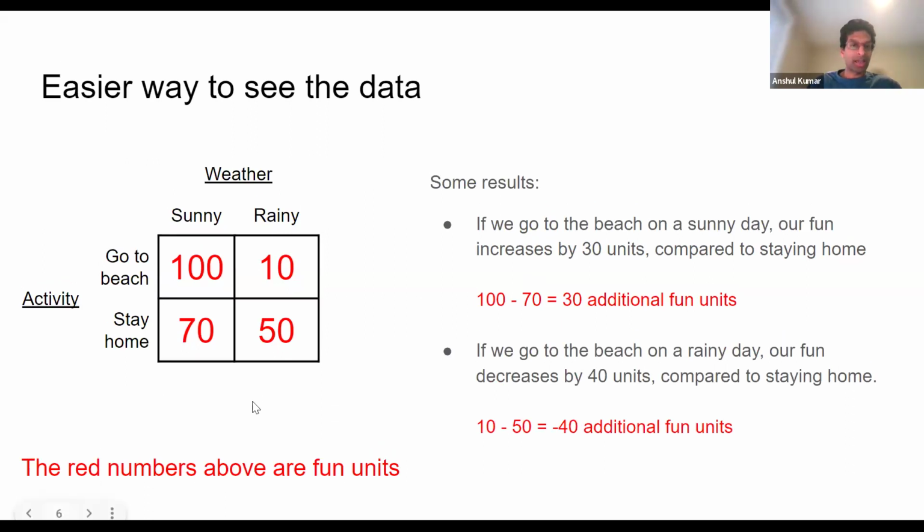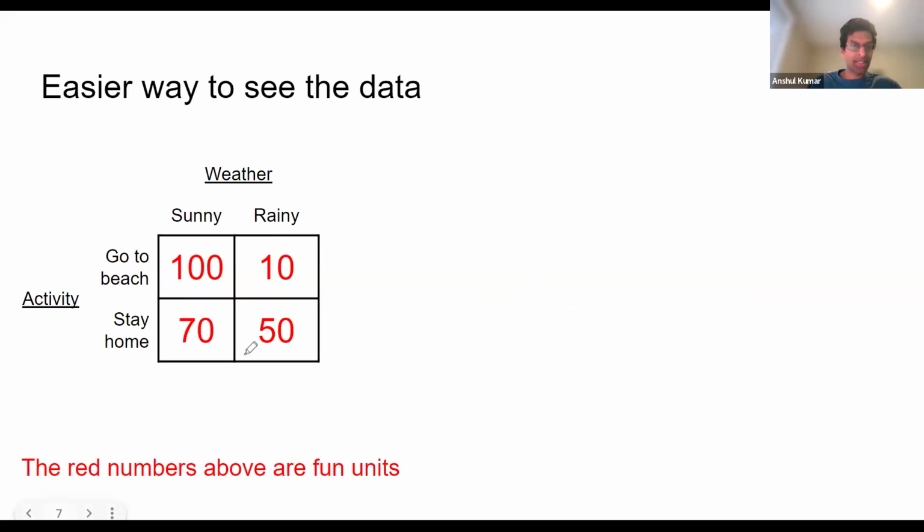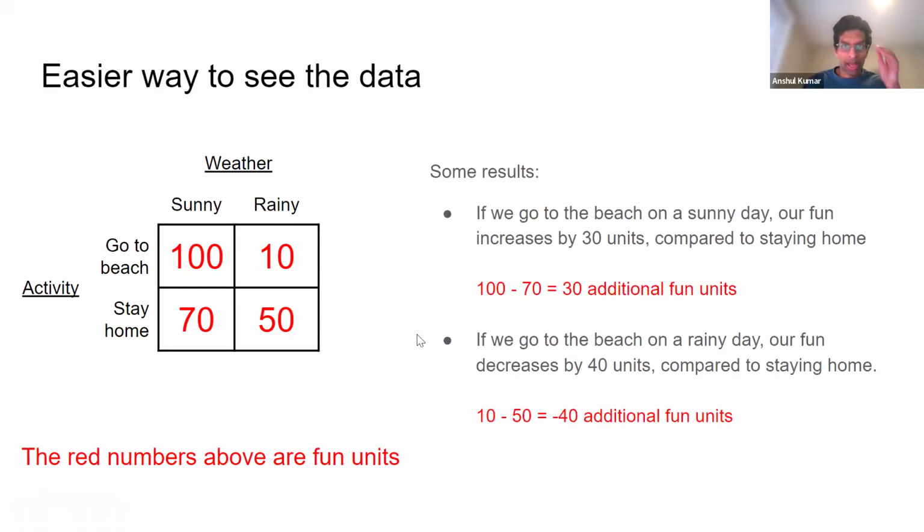On that rainy day, our fun will decrease from 50 fun units down to 10. And now we have our results back on the right. The lower result shows negative 40 additional fun units. So the effect of going to the beach on our level of fun is positive 30 fun units if the weather is sunny, and it's negative 40 fun units if the weather outside is rainy.